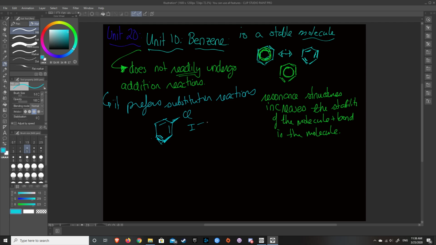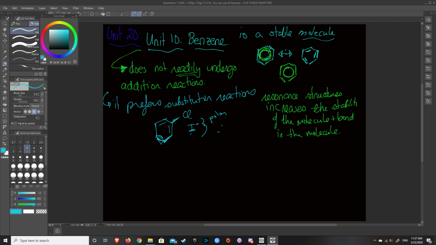Let's just say even if we had iodine, or bromine or fluorine, depending on the solvent that we use, the order of which one's a better nucleophile and which one's a better electrophile will change. But in this case, let's just say iodine, and here we're going to have a polar aprotic solvent.